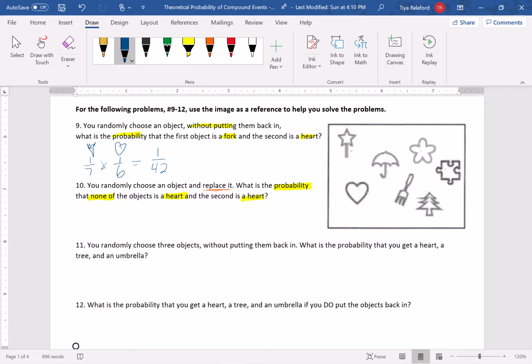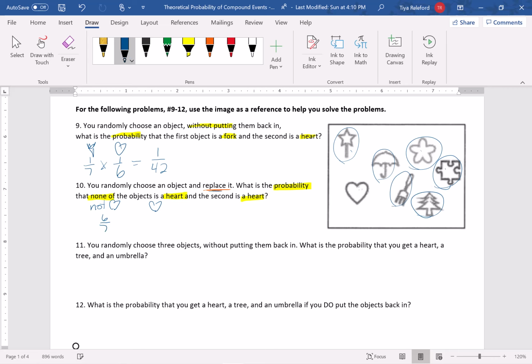Okay, so first object, not a heart. Second time, we want a heart. So not a heart the first time. 1, 2, 3, 4, 5, 6 out of 7.